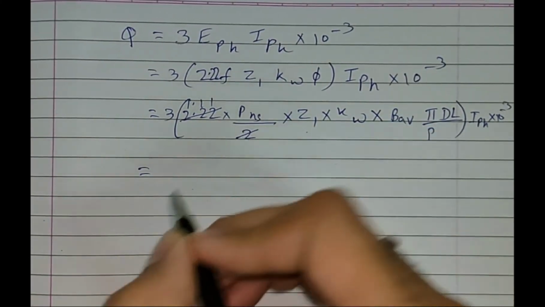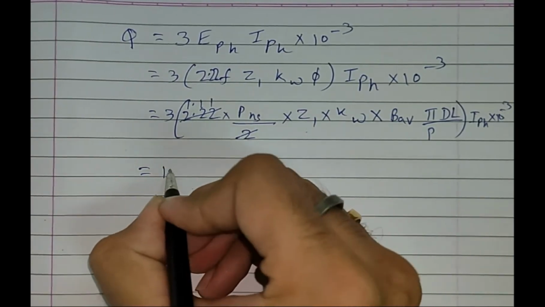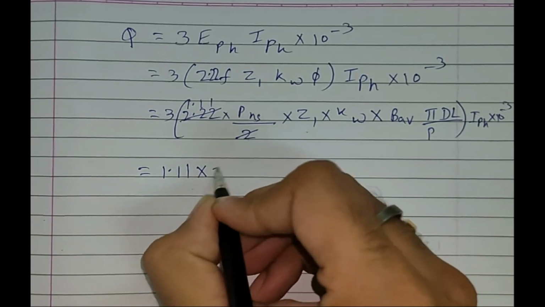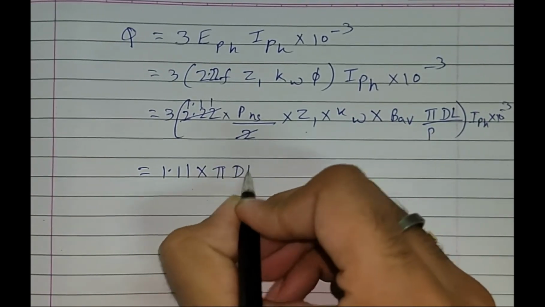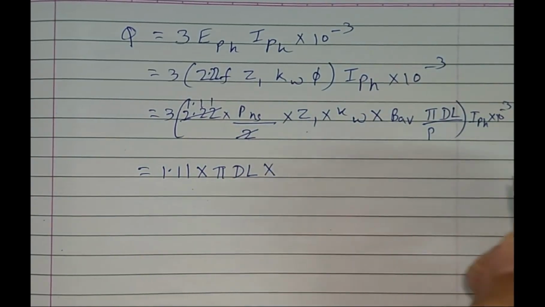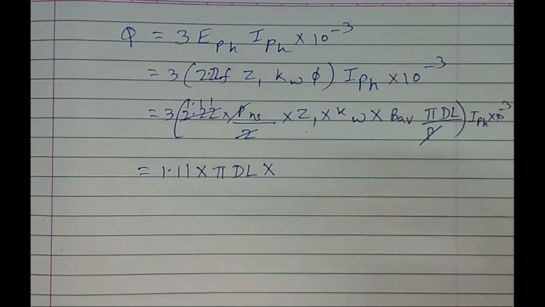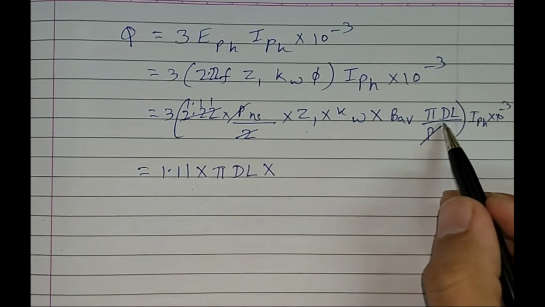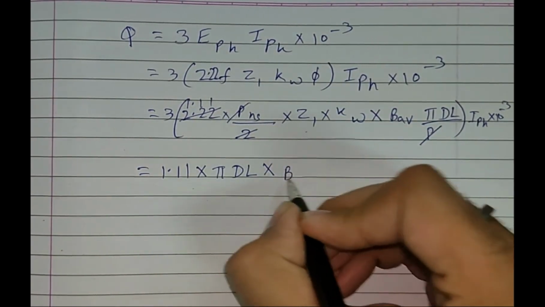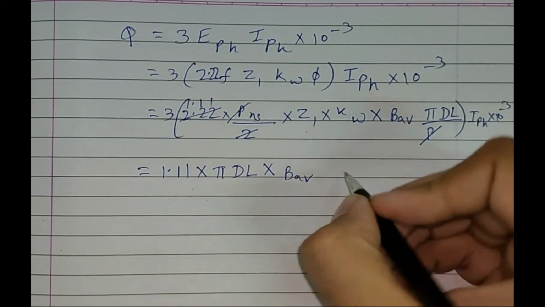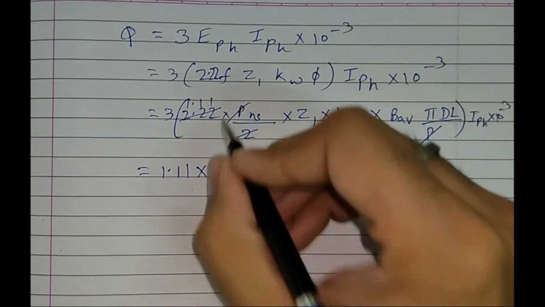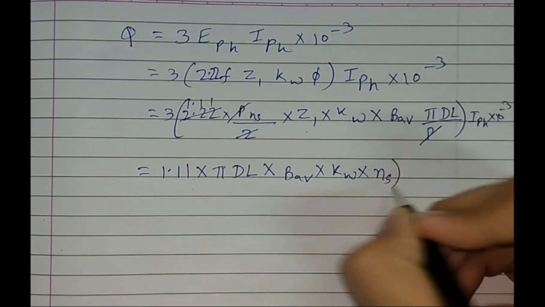So what I get is 1.11 into pi dl multiplied by, okay, this P and P also get cancelled off, so pi dl comes here multiplied by BAV, multiplied by KW and multiplied by the small ns.